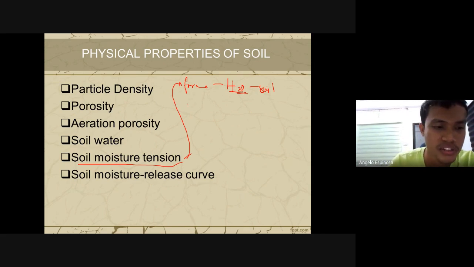And also the soil moisture tension is expressed in atmospheres or bars.